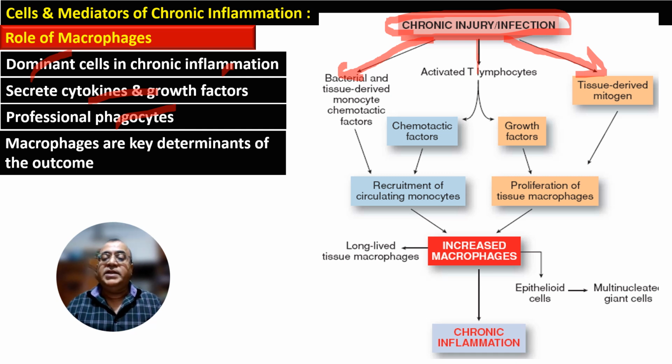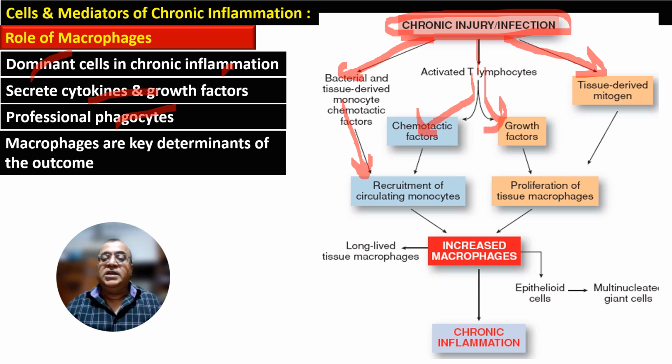So these chemotactic factors will recruit monocytes from the blood. Activated T lymphocytes will release chemotactic factors and growth factors.